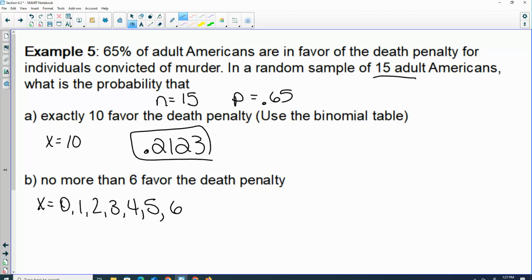Alright, and what do we get? 0.043. Is that alright with everyone?